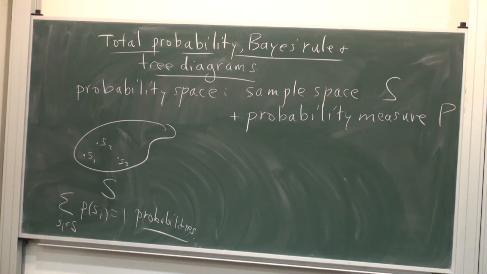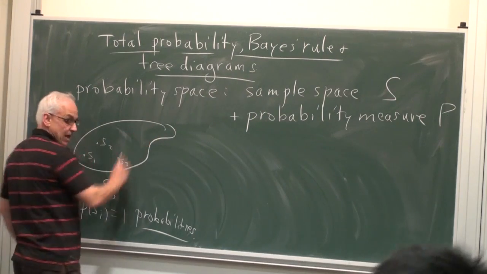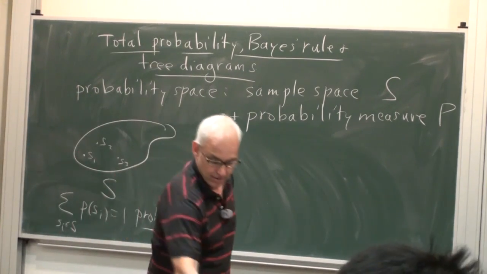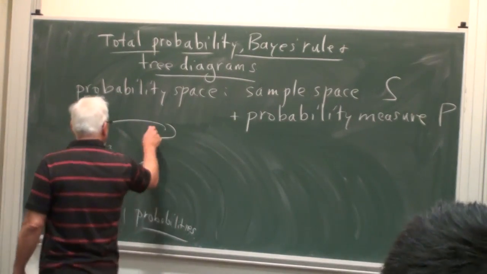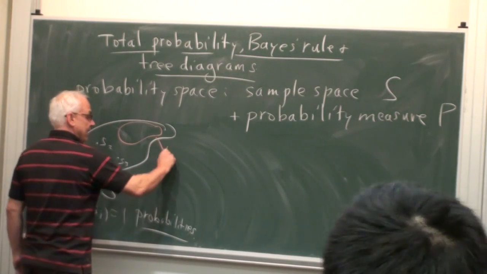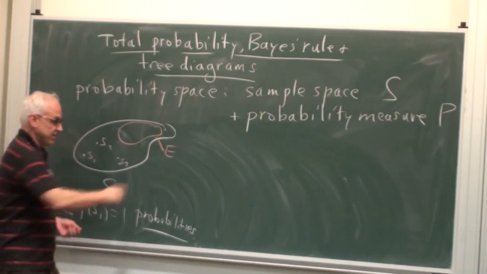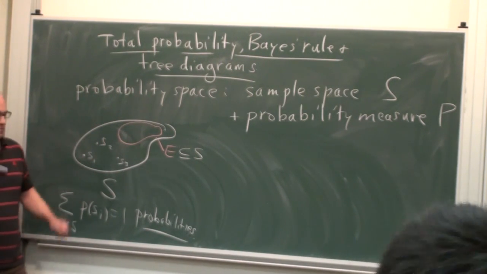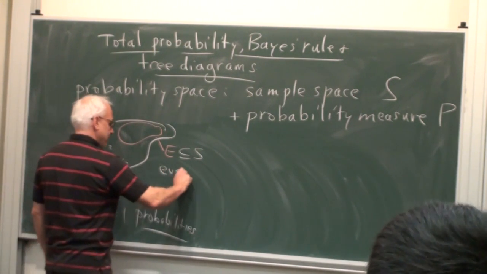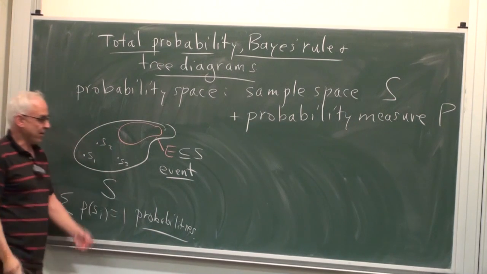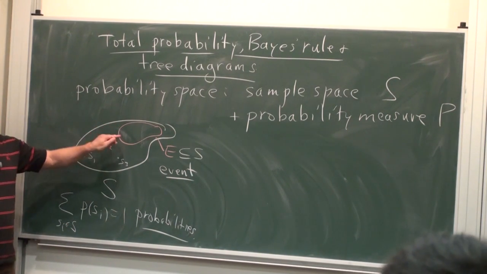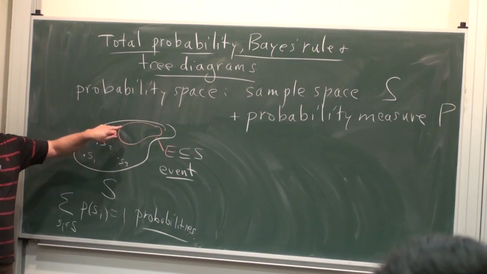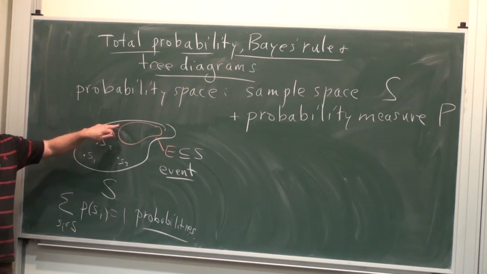And then we talked about events. An event is just a subset of a probability space. So we look at some subset, say E, that's a subset of S. That's what we call an event. And the probability of that event is just the sum of all the probabilities of all its constituents.